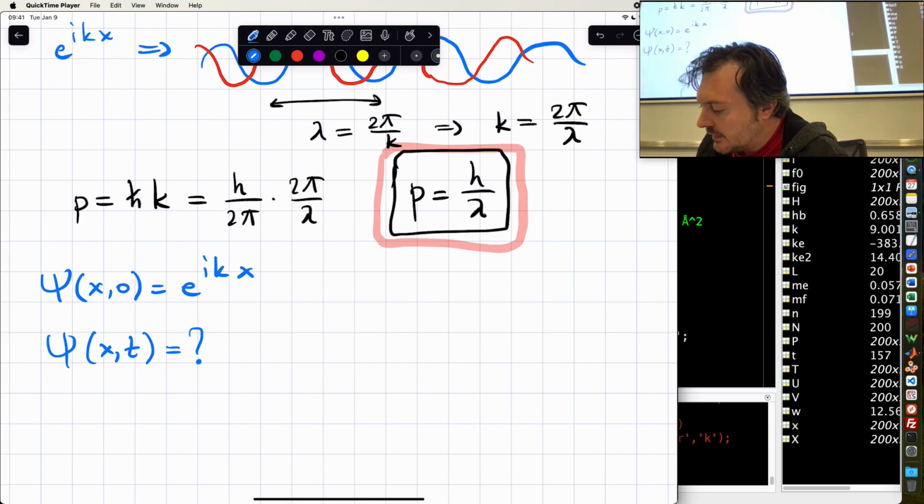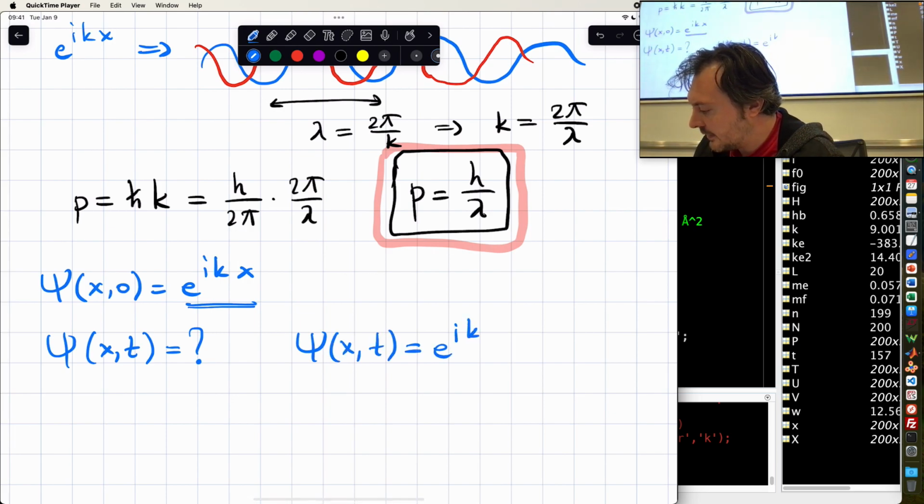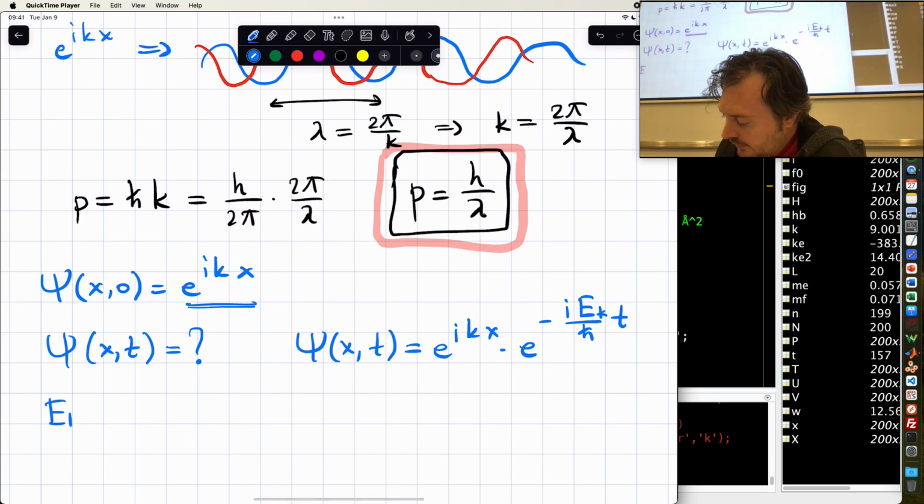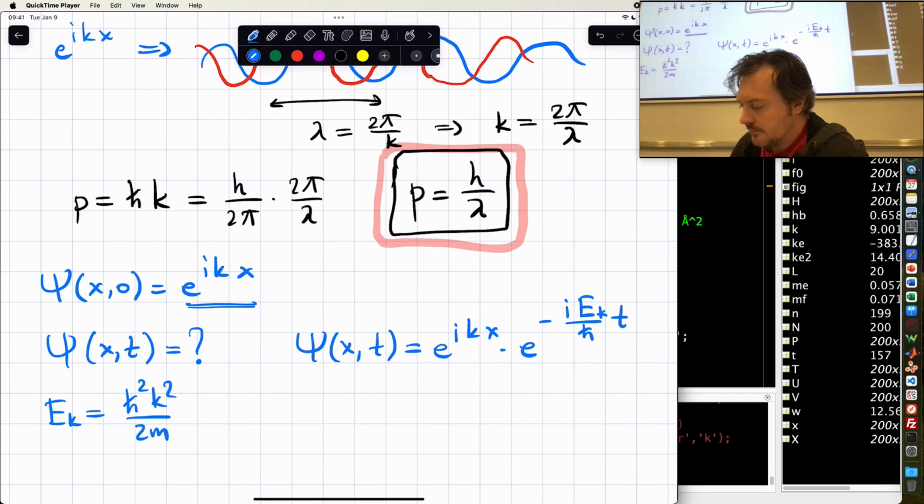So this is basically your eigenfunction anyways, right? So you can simply write phi of x, t equals the starting eigenfunction times e to the minus i E_k t over h bar. By E_k we mean the corresponding energy, right? So E_k is h bar squared k squared over 2m. Did you follow this?